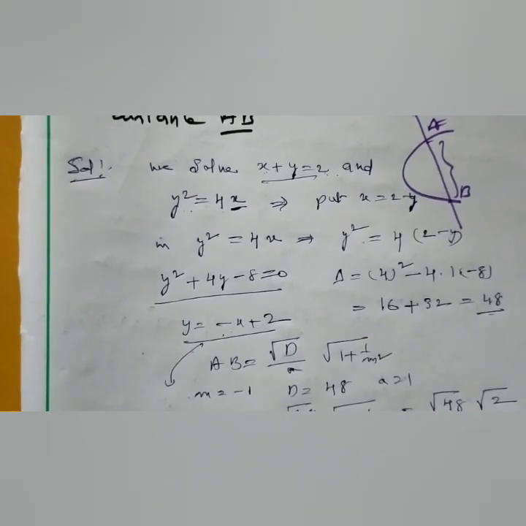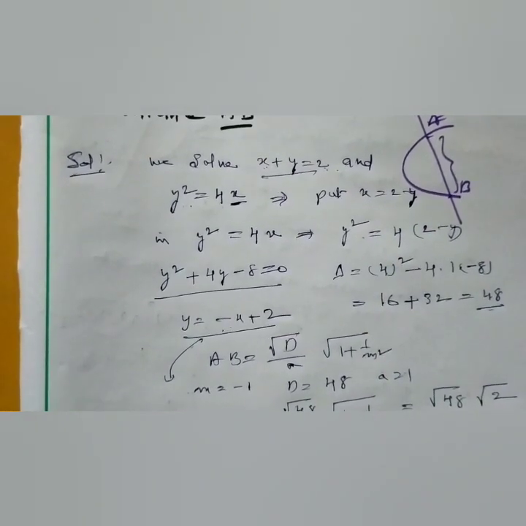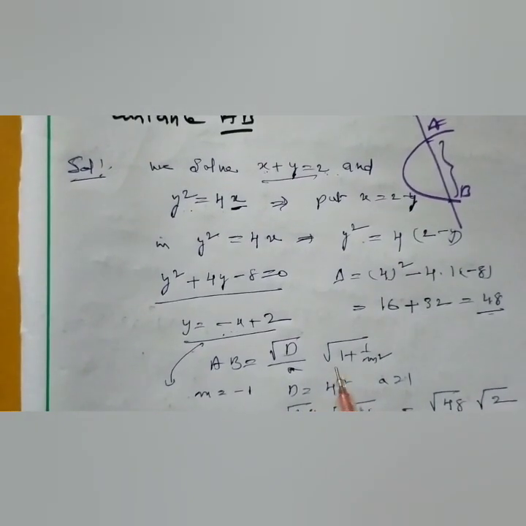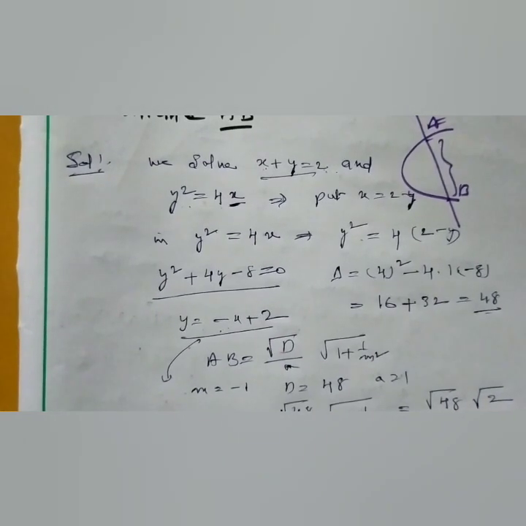But in case of parabola, hyperbola, and other conics, geometrical results are not known to us usually. So we use the formula in case of any conic other than a circle. In the circle case we use geometrical results. The length of the chord means 2 into root over r square minus d square, already derived.